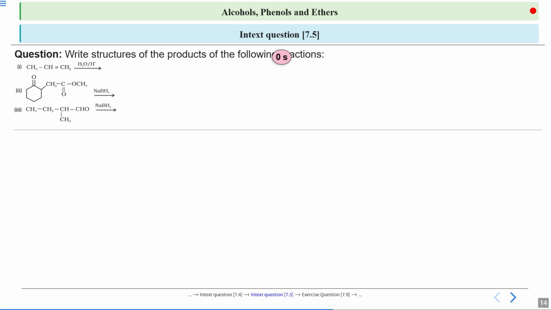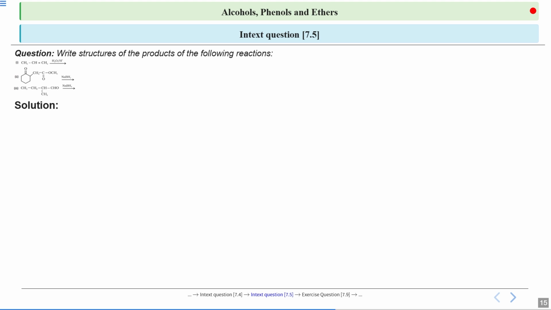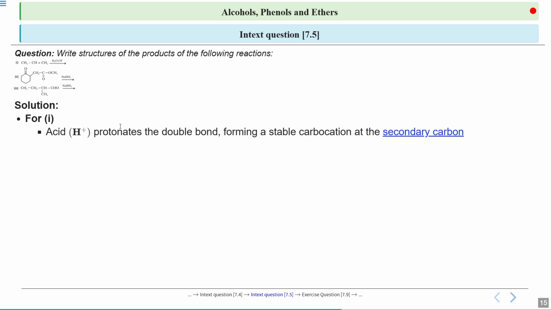Okay, students. So let's see the solution. See the first part. Now to this question, you will see that a propene is given to you, and when acid is added, what will happen? Your acid, which is H plus, will protonate your double bond.